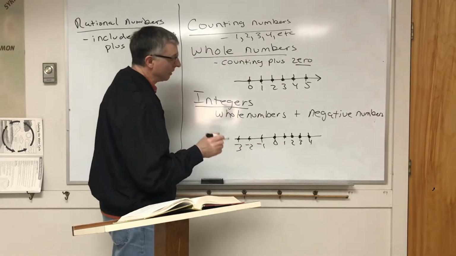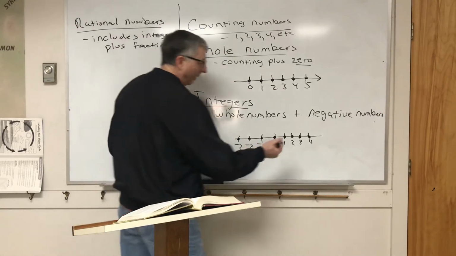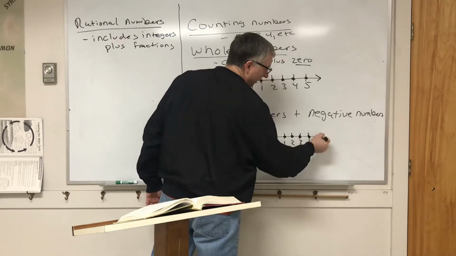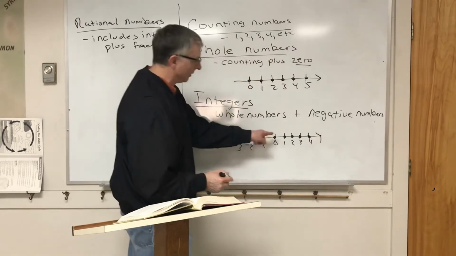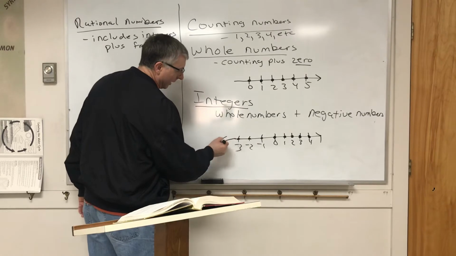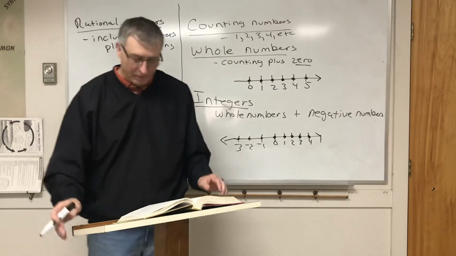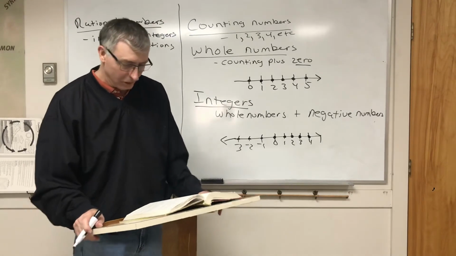But don't forget your arrows here, because if I'm graphing all the integers, then this would go on forever like this, and it would include a sequence of these dots forever. And on this side as well, it would include the sequence of these dots forever to the left. And so that's the graph of the integers.